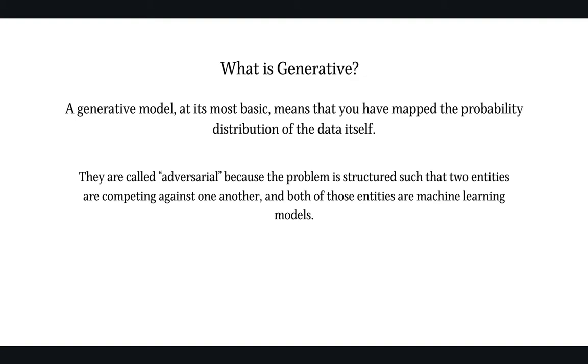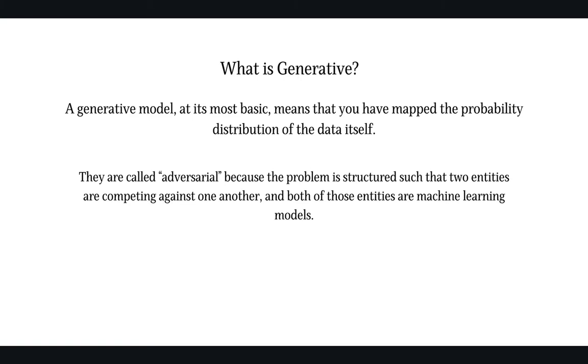So, for example, in the computer vision domain, I can create a model that can create new images from scratch. What does adversarial mean? It is called adversarial because the problem is structured in such a way that two entities are competing against one another, and both of these entities are machine learning models.